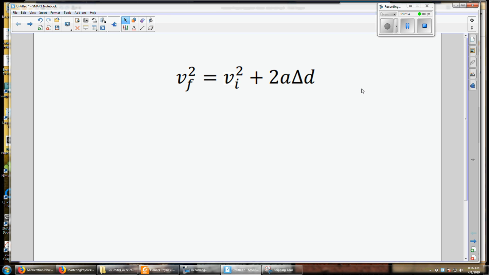Now, the problem here though is I don't know acceleration, I don't know v final. I do know v initial, it's 0. But I do know displacement. But I guess that one wouldn't be a good one because I don't know two things. So I couldn't use that just directly. So let's get rid of that one.